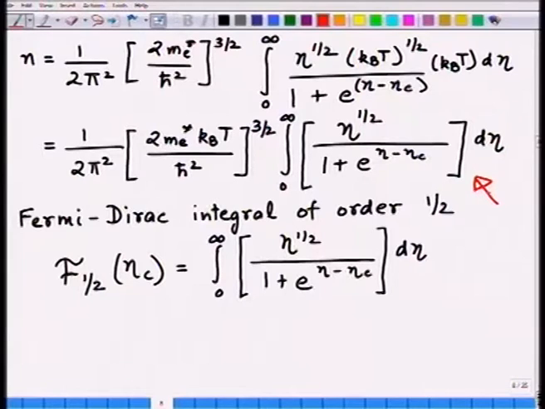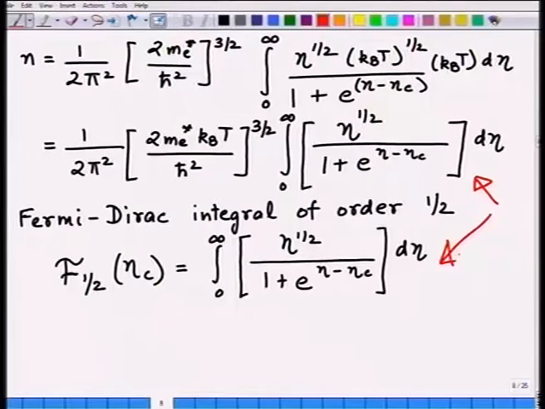So, you can use that. This Fermi-Dirac integral of order half is tabulated in many mathematical handbooks. You can use that, but now that we live in computer age, you could just carry out this integration numerically as well, and fairly simple. You could carry out this integration even in an Excel sheet. So, nowadays it is simple.